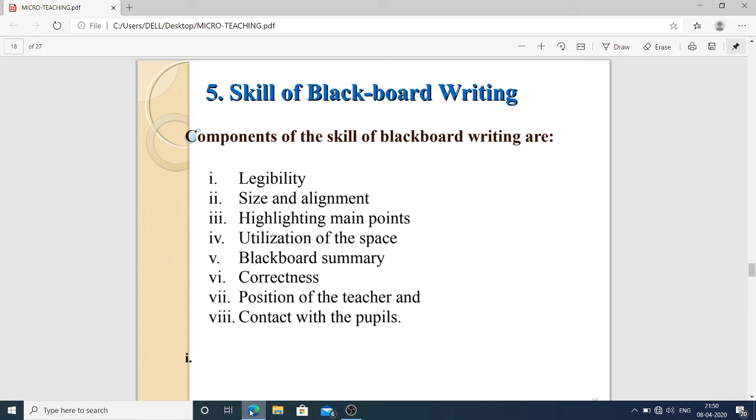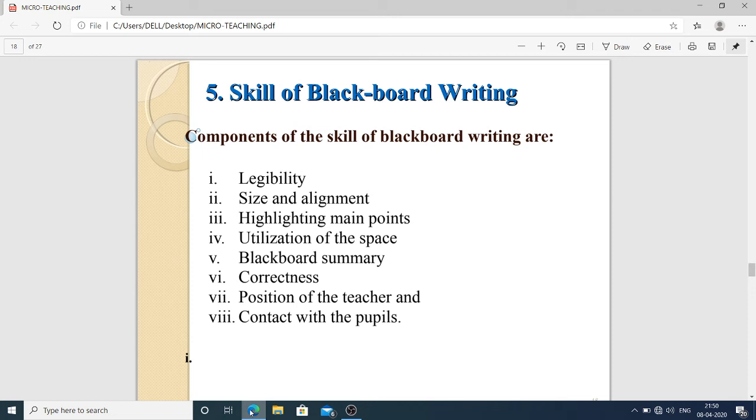The blackboard should be divided into parts where you can write the subject name, topic name, your content part, rough work, and anything else important you would like to explain with the help of the board.